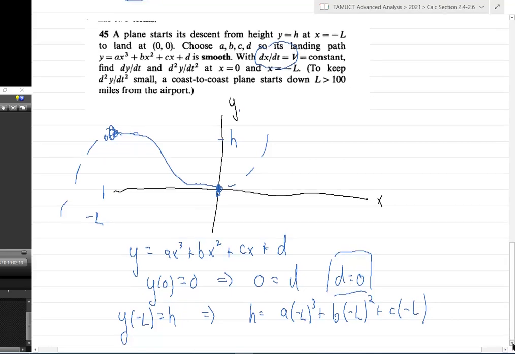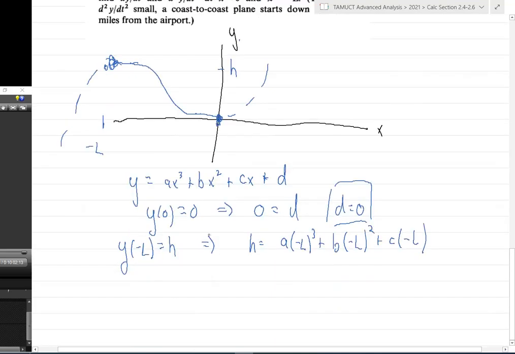All right. Now let's work on the smooth aspect. Here we can see when we reach 0, as I said, there are no bumps. So we actually have that dy dt at 0 must also be equal to 0. Now what's dy dt at 0? Well, we have to take the derivative here.